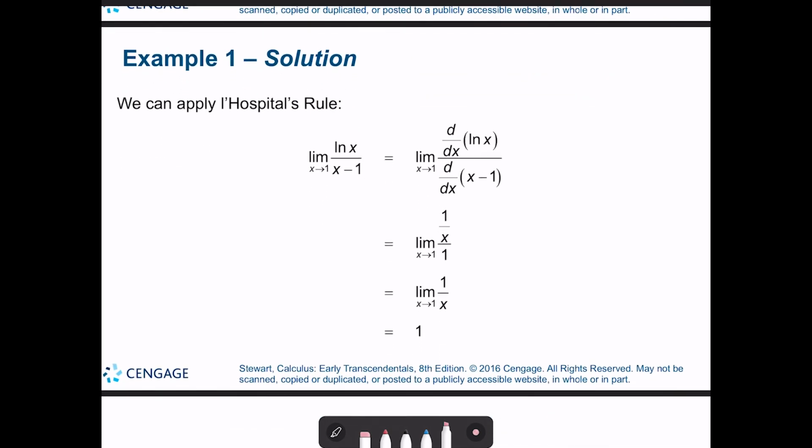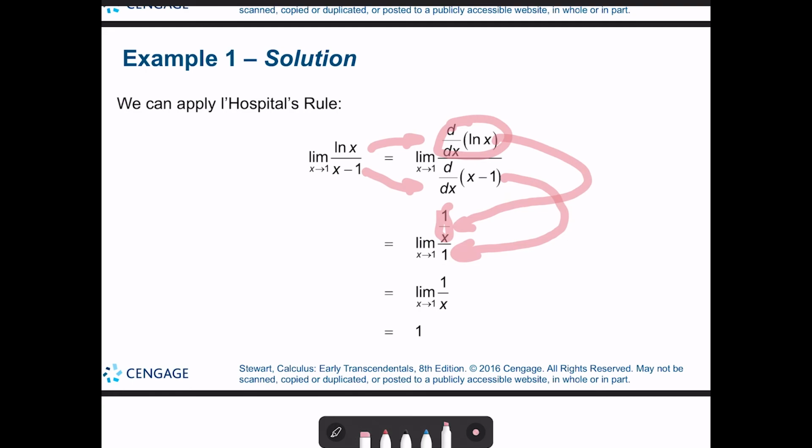Let's take the limit of the derivative of the numerator and the limit of the derivative of the denominator. What is the derivative of the natural log of x? Well, it's 1 over x. And what is the derivative of x minus 1? Well, it's 1.